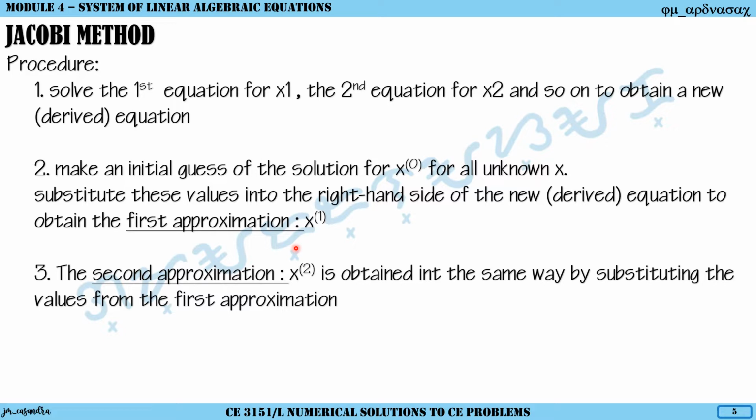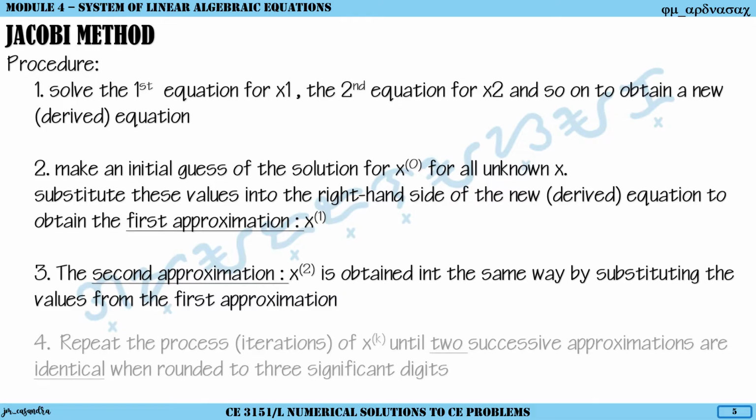And then we repeat the second and third steps in order to arrive at our second approximation. So we repeat steps 2 and 3 until we arrive at two successive approximations which are identical, meaning two iterations give us the same values for all of our unknowns.